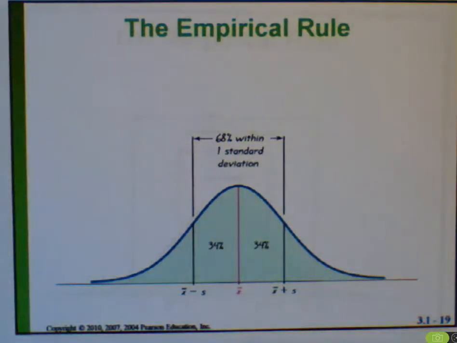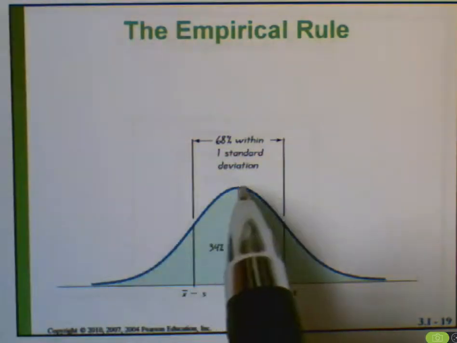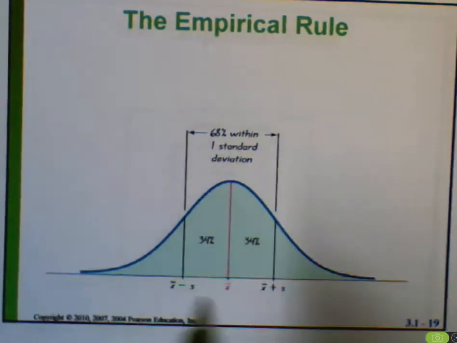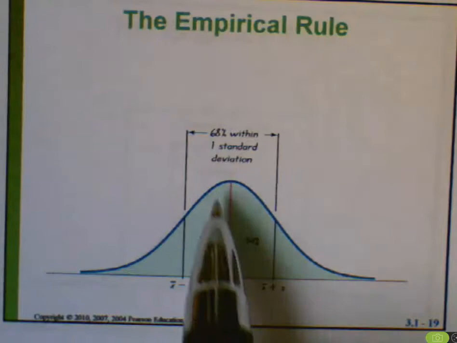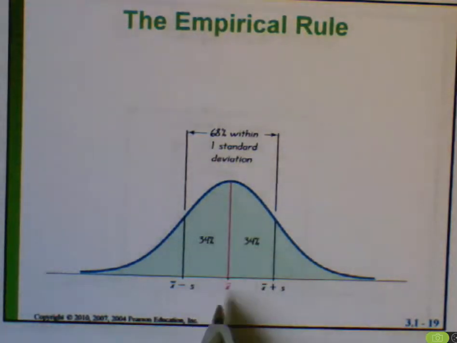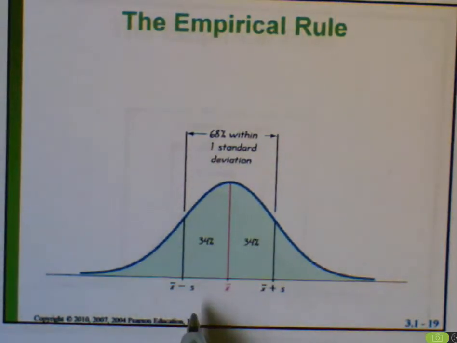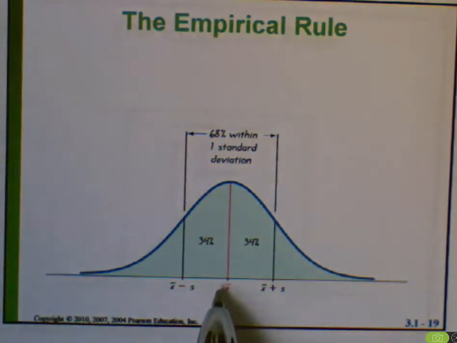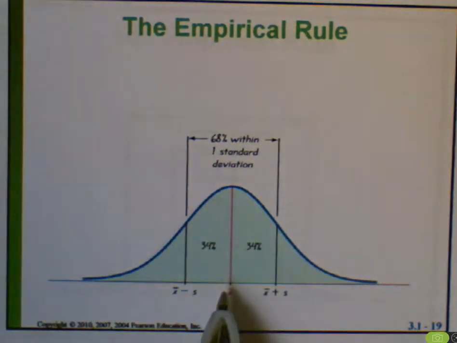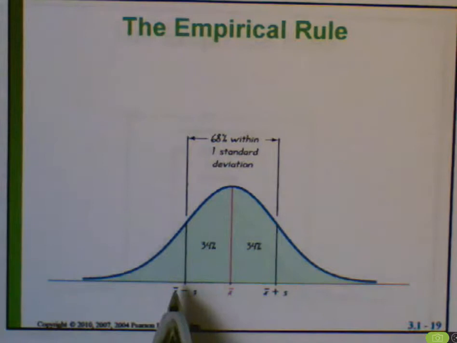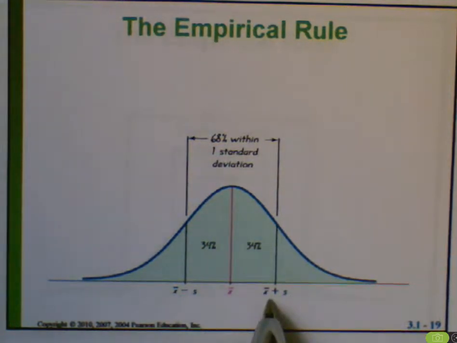Here's an illustration of the empirical rule. If we draw our normal shaped data distribution, and the mean is right here under the highest point, there's our sample mean. Then the first part of the empirical rule says that 68% of the population lies between 1 standard deviation below the mean to 1 standard deviation above the mean.